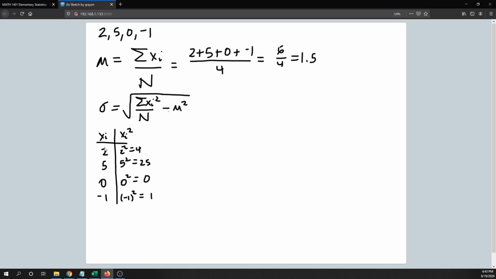Okay. And then we would add all of those up. And that looks like it comes out to be 30, right? 29 plus 1 is 30. And so that number would be the sum of the x sub i's squared. Okay. All right, and then we would punch all that into our formula.